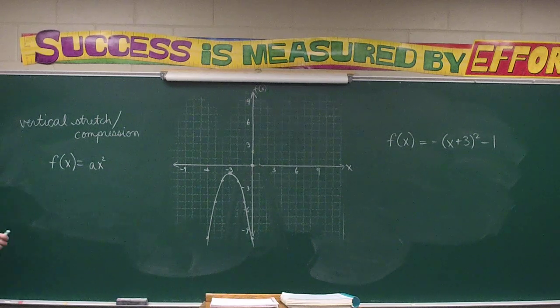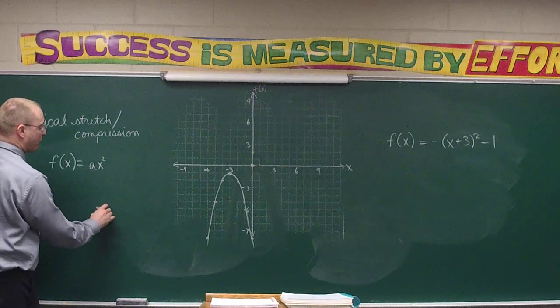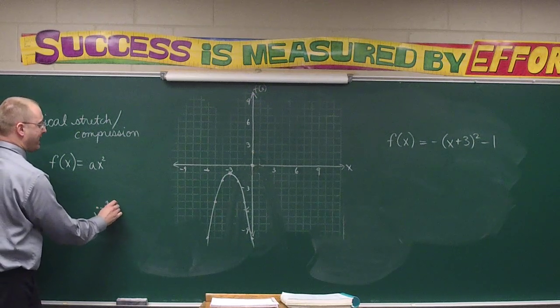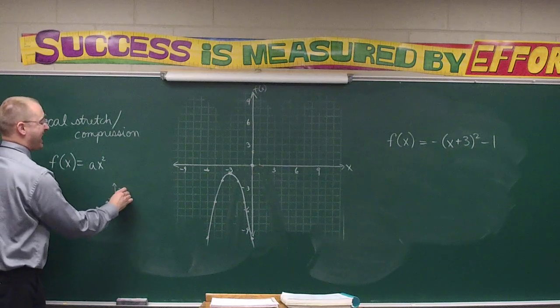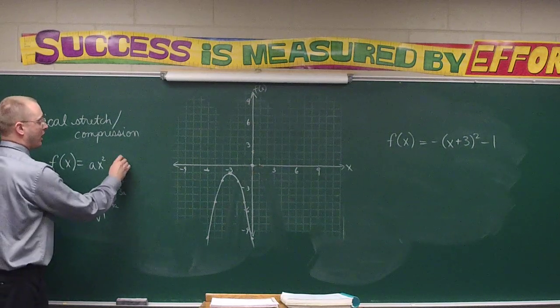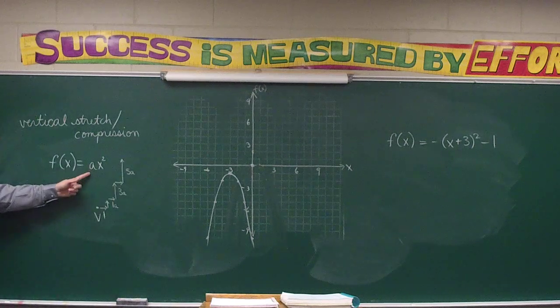I've told you, you go over 1, up 1, over 1, up 3, over 1, up 5, and so forth. Technically, from your vertex, you go over 1, up 1a, over 1, up 3a, over 1, up 5a. It's just that a has always been a 1 to this point.